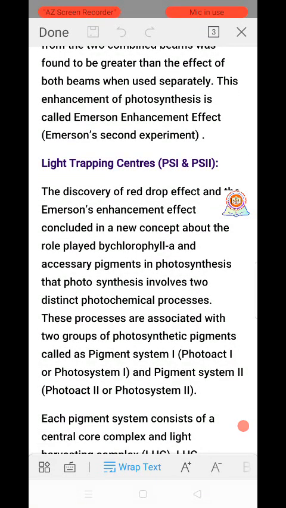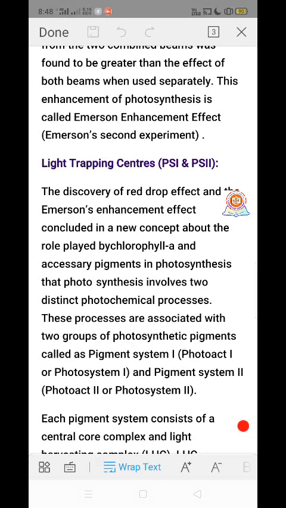The discovery of the red drop effect and Emerson enhancement effect led to a new concept about the role played by chlorophyll a and accessory pigments in photosynthesis: that photosynthesis involves two distinct photochemical processes.